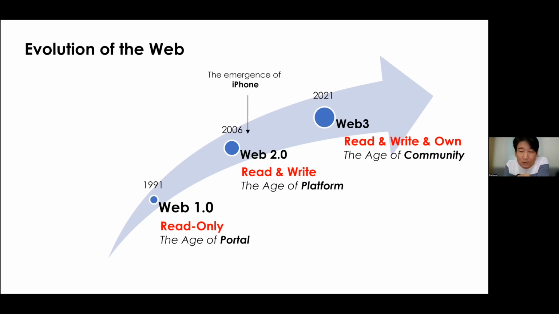So the period is about 15 years. What I want to say is Web3 has just emerged. So it is very early. We have to study and research Web3, and then we have to develop Web3 more.